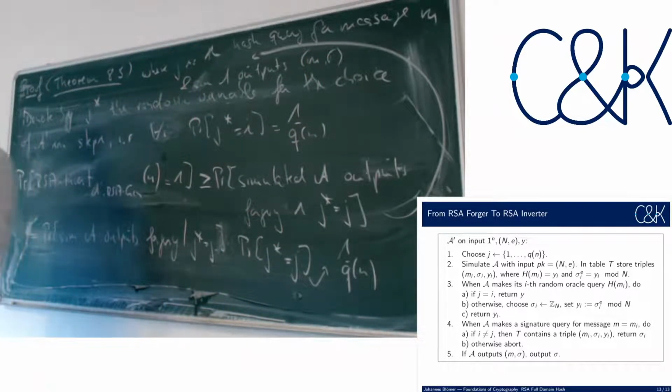So J is the index for the hash query for the message that A outputs as a forgery.